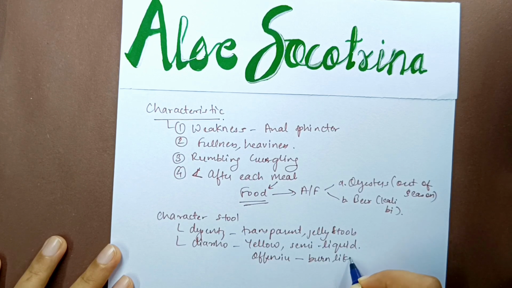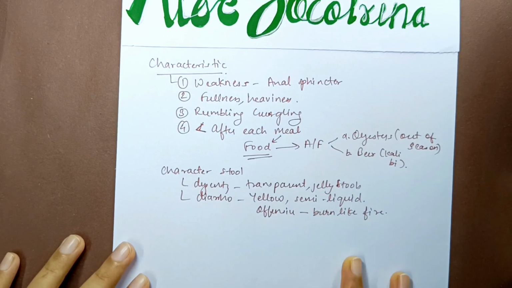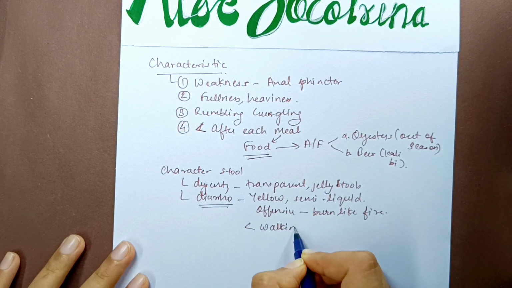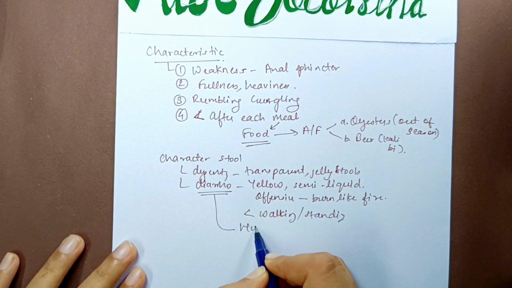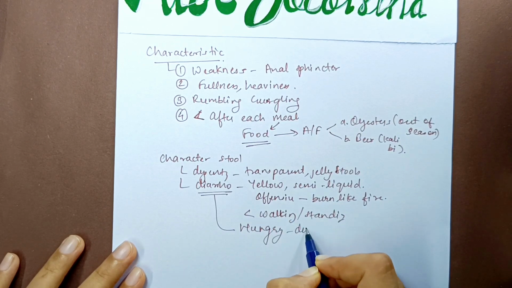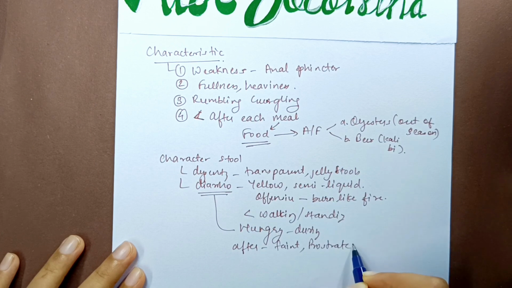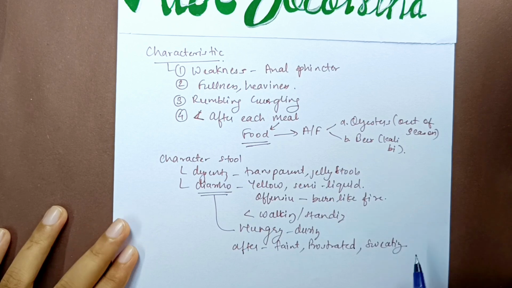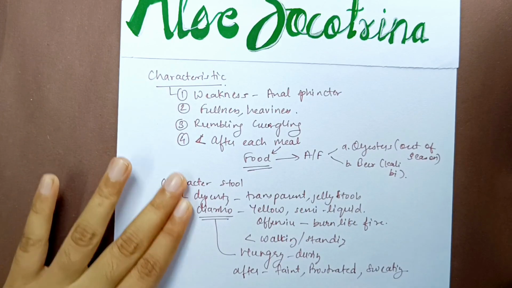The anus also becomes sore because of that. Then we saw that this diarrhea used to get aggravated while walking or when the patient was standing. Also, during the diarrhea, the patients are hungry. After it, the patient will faint, become very prostrated, and might also start sweating profusely. That was about the four important characteristic points and the characteristic rules about the diarrhea of this remedy.